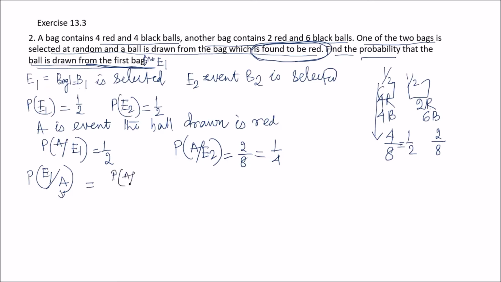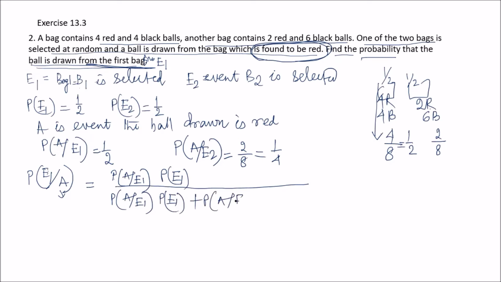So this will be P(A given E1) into the probability of E1, because I am taking the probability of E1, and here there will be the total probability. Total probability means P(A given E1) P(E1) plus P(A given E2) P(E2).